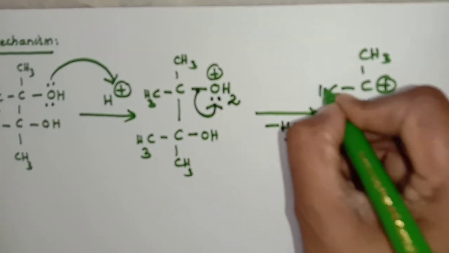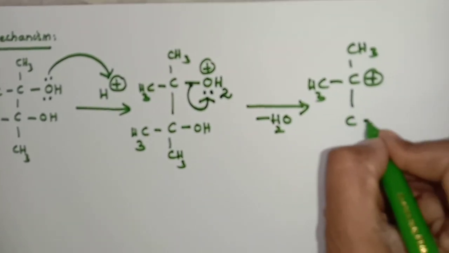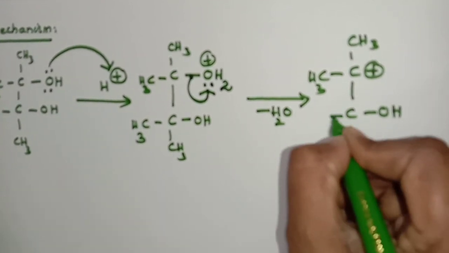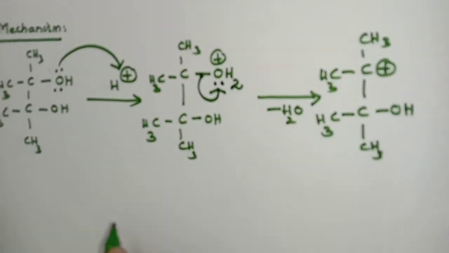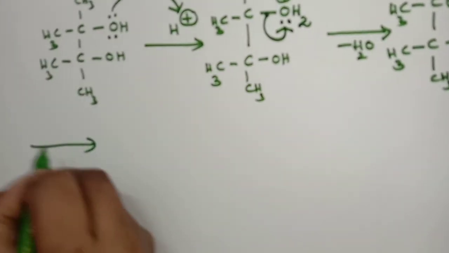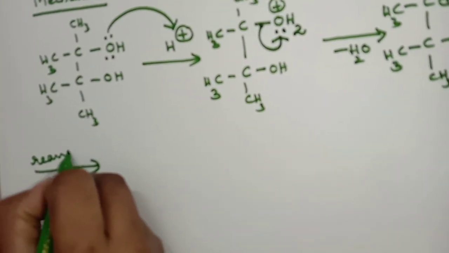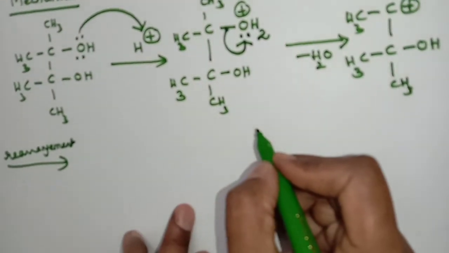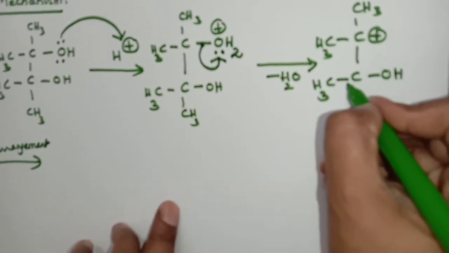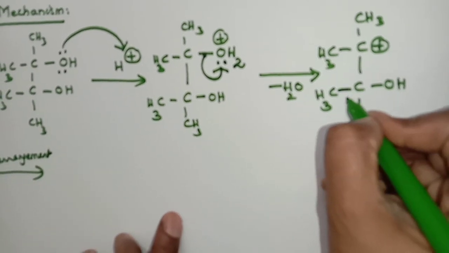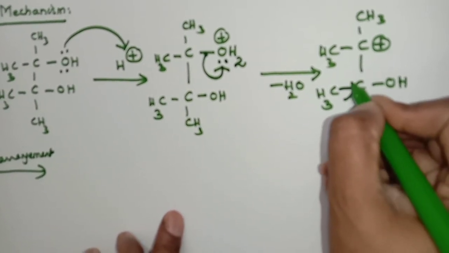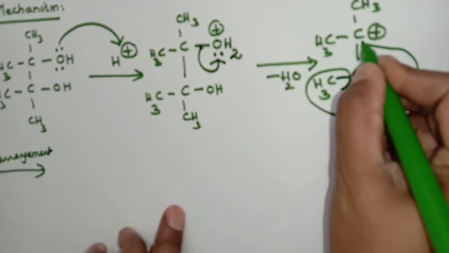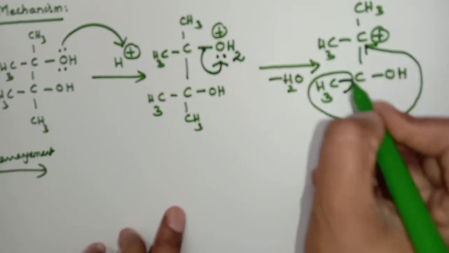CH3, CH3, COH, CH3, next CH3. Here takes place the rearrangement. So I am writing on the arrow, rearrangement. What is the rearrangement that takes place here? The methyl group along with the 2 electrons is shifted to this carbon. So mark the arrows properly.